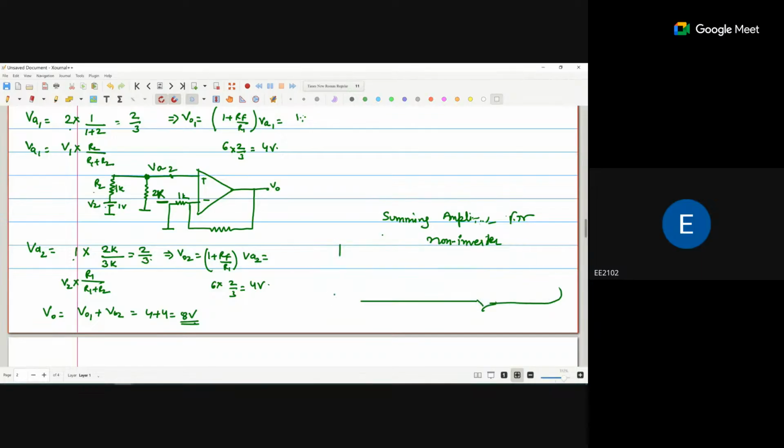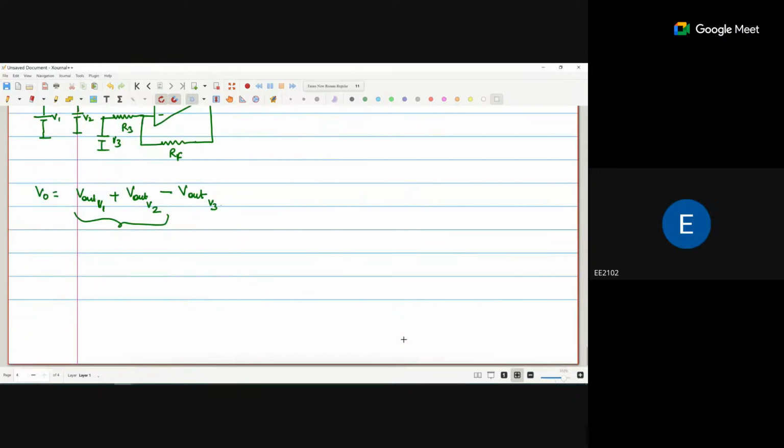I am using this equation. So this is the output voltage because of V1.